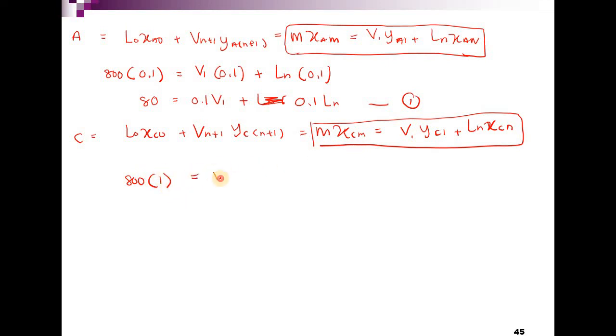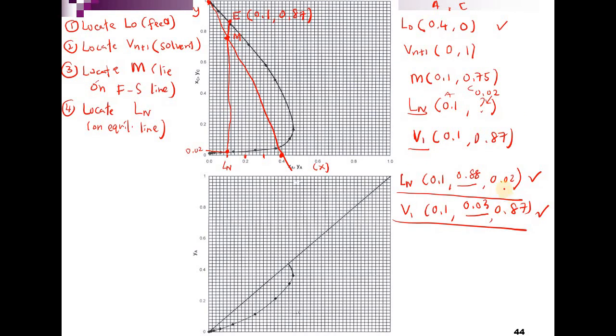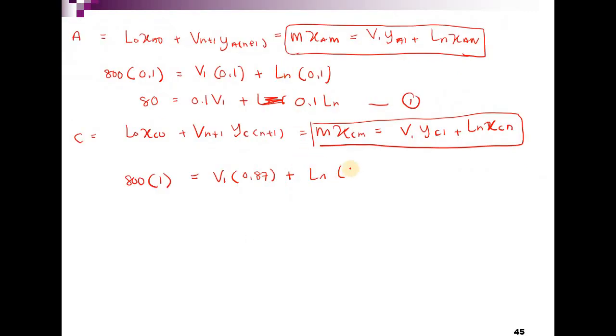Okay, it is equal to V1, the one you want to calculate, YC1 is 0.87 from the previous answer, plus Ln, the one that you want to know, XCn is 0.02 from the previous answer. So you will get 800 equals 0.87 V1 plus 0.02 Ln. You have two equations and two unknowns, so you can solve.